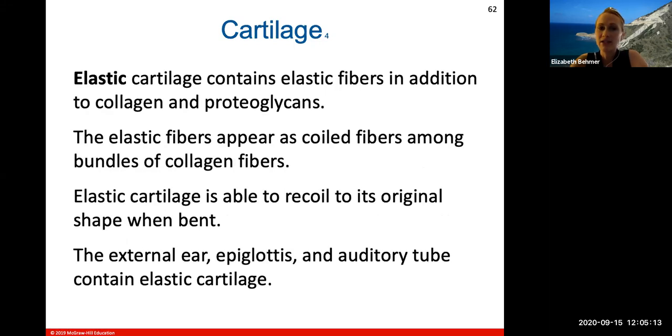Elastic cartilage contains elastic fibers. So you'll find elastic cartilage in your external ear, because your ears can bend and regain their shape. Your epiglottis, which is a little flap of tissue that closes off your trachea when you swallow food, so food doesn't go down your windpipe, it goes down your esophagus. And also your auditory tube contains some elastic cartilage.